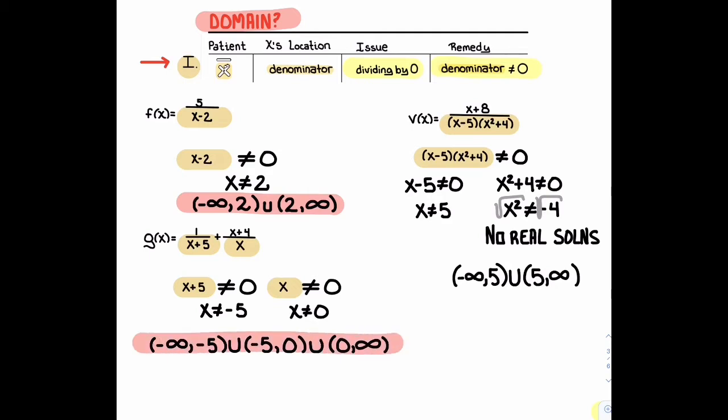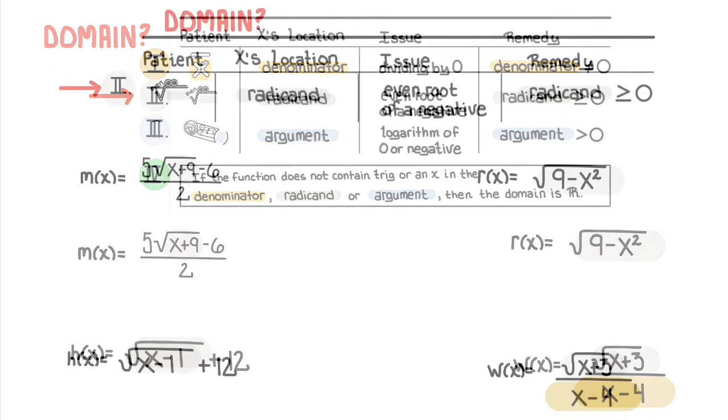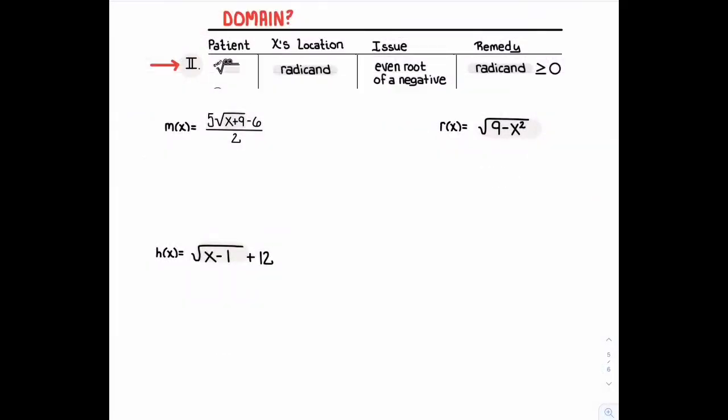Now we found the domain of all of the functions where x was in the denominator. So now let's tackle all of the equations that had an x underneath an even root. Let's begin with m of x. What we don't want to have happen is we don't want to take the square root or an even root of a negative number.